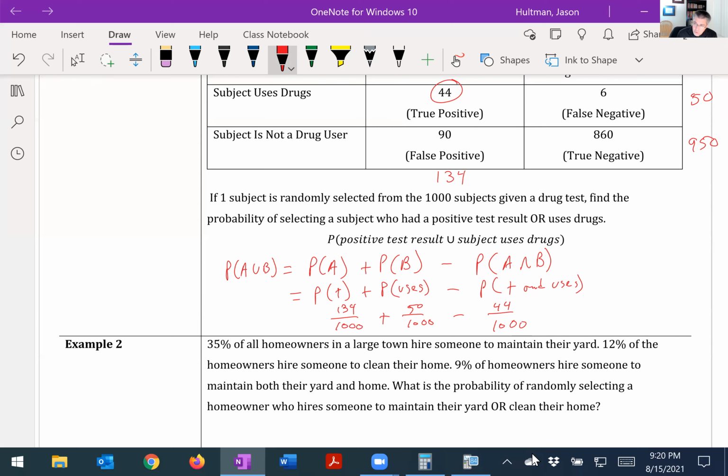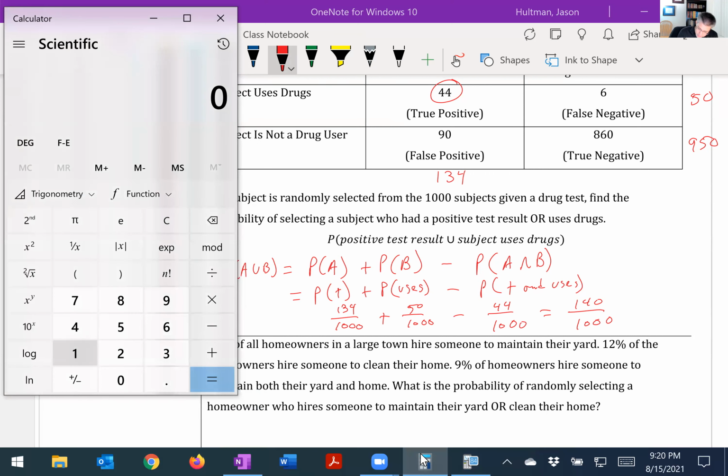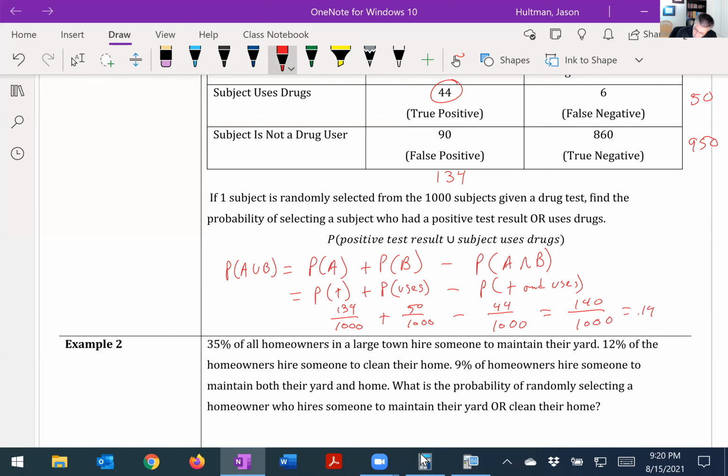Minus 44 gives me 140. So this ends up being 140 out of 1,000. Plugging that into my calculator, 140 divided by 1,000 is 0.14, or 14%. So there's a 14% chance that the person either tests positive or is a drug user.